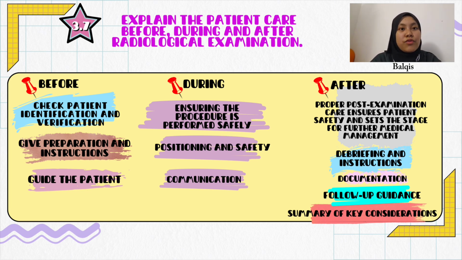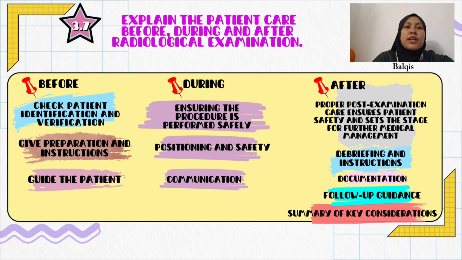In brief, confirm the patient identity using at least two identifiers like name and date of birth. And at the same time, verify the referral from imaging request and clinical history to ensure the correct procedure is being performed.